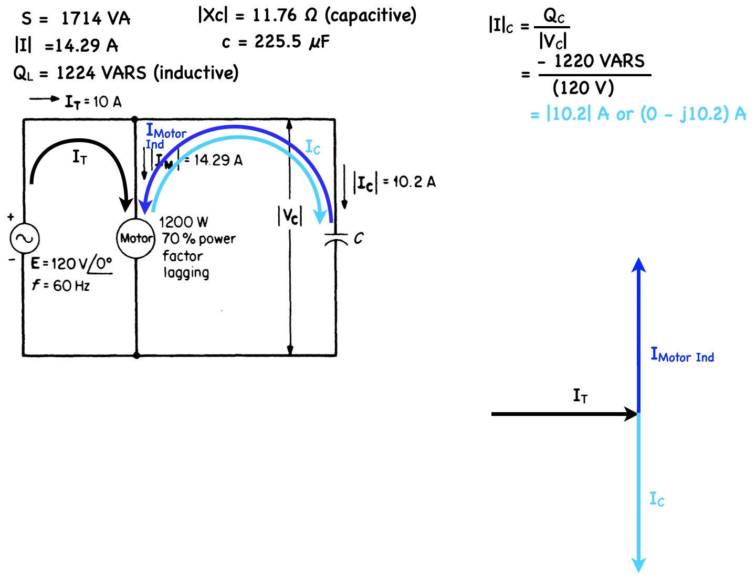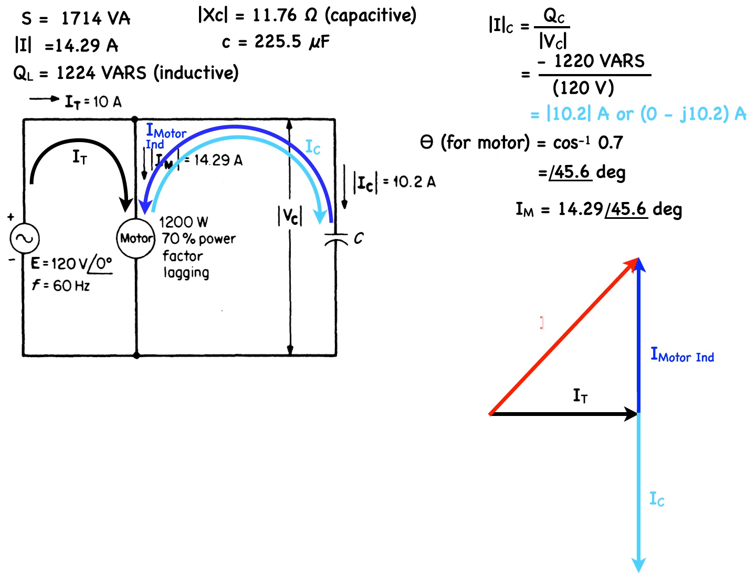Therefore, it is the inverse cosine of 0.7, which is 45.6 degrees. Therefore, the motor current IM is 14.29 at 45.6 degrees, or in rectangular coordinates is 10 plus J 10.2 amps.